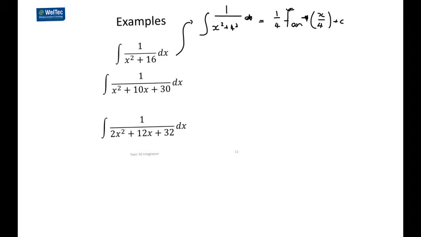The second one we can rewrite using completing the square.